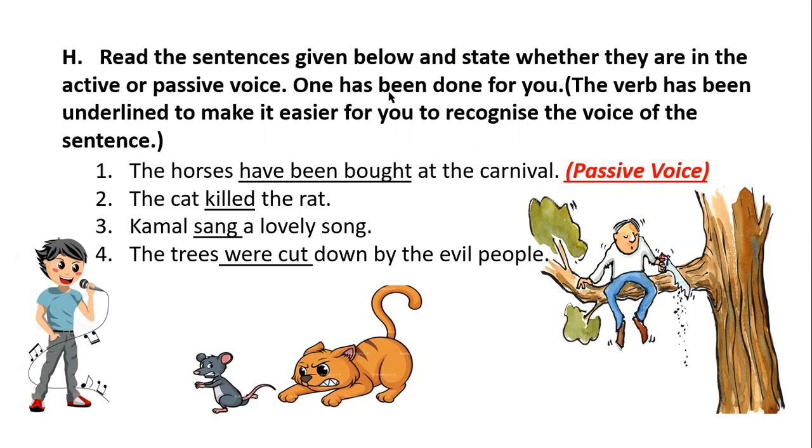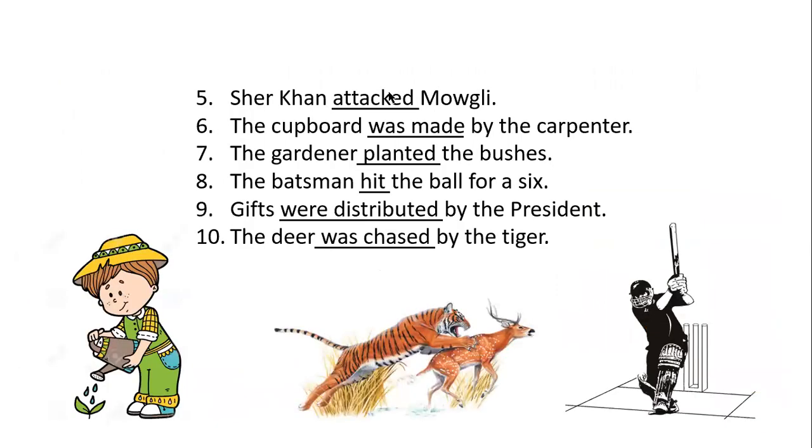Kamal sang a lovely song, active voice. The trees were cut down by the evil people, passive voice. Fifth, Sher Khan attacked Mowgli, active voice. The cupboard was made by the carpenter, passive voice.